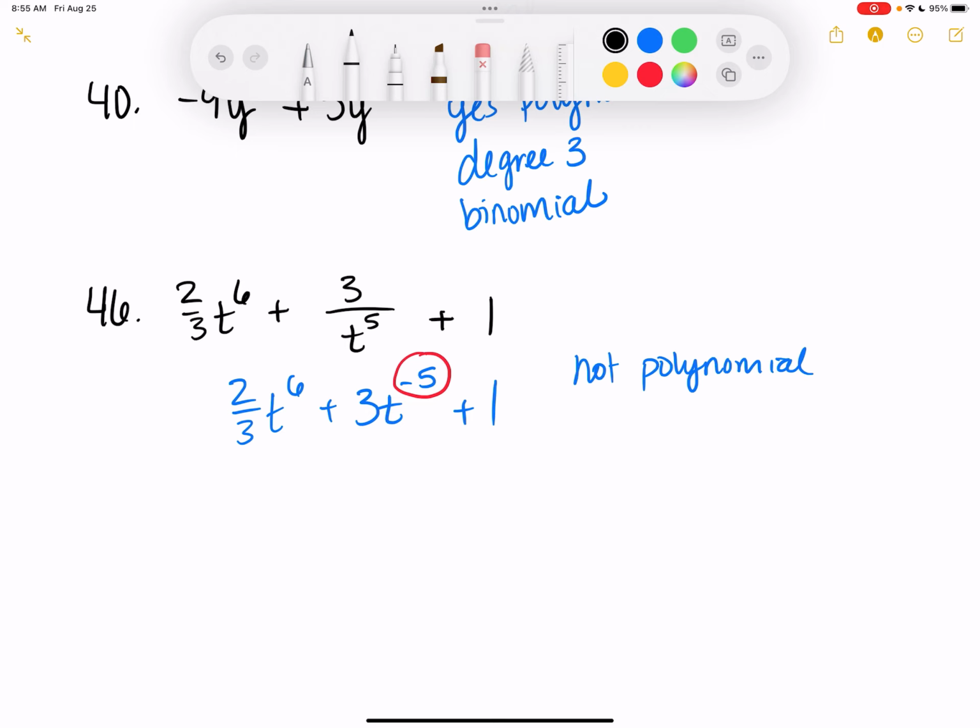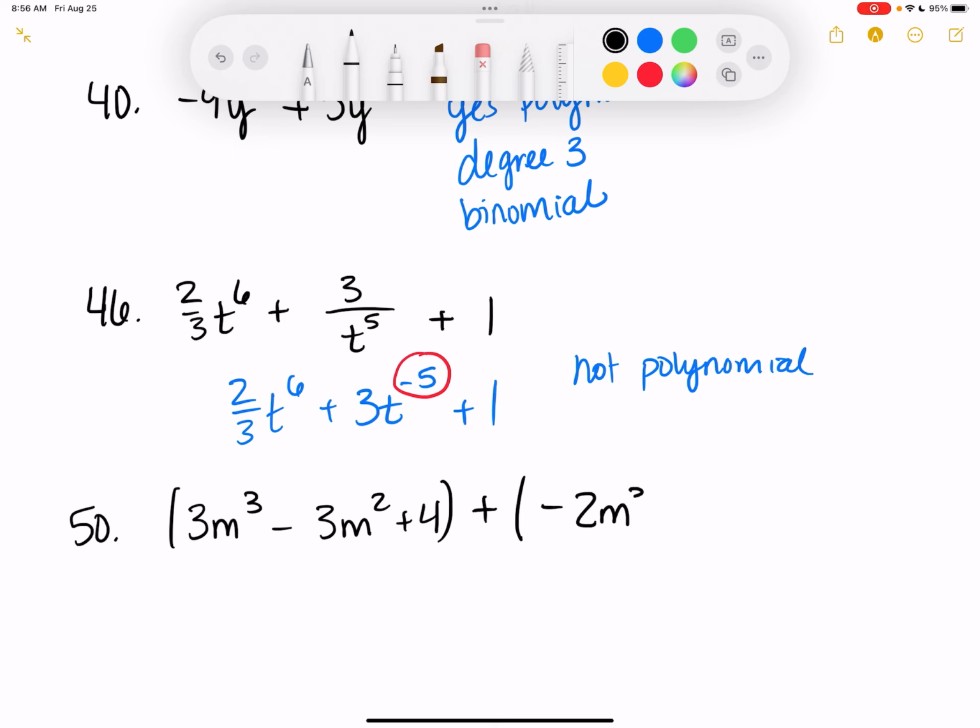All right, the next one says to add or subtract as indicated. So basically, we're just adding and subtracting like terms. So we've got 3m cubed minus 3m squared plus 4 plus, and then another parentheses, negative 2m cubed minus m squared plus 6.